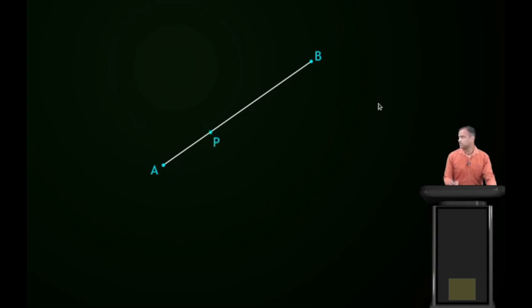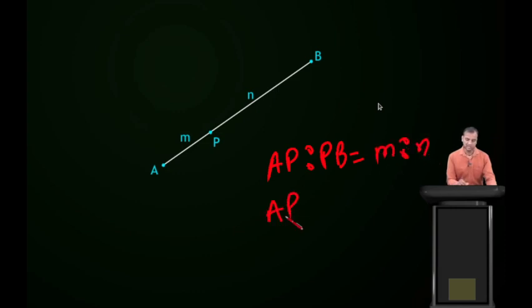P is another point, and it divides these 2 points in the ratio M:N. So AP:PB equals M:N, or we can write this as AP upon PB equals M upon N.